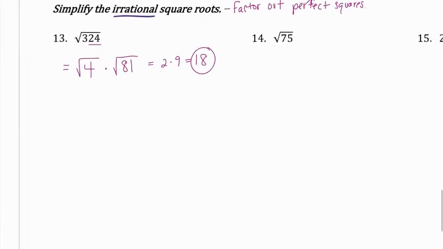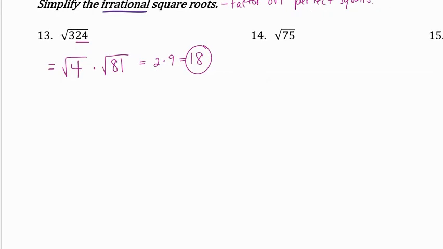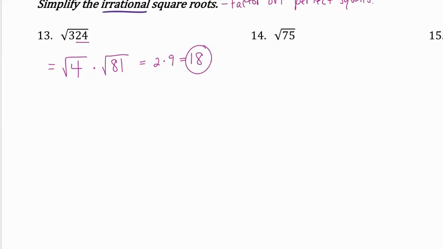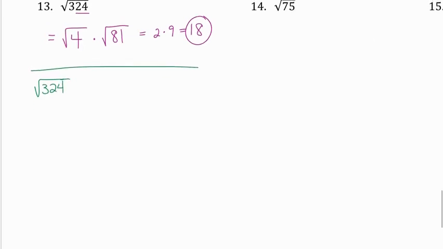Now, the other way people like to do these is not by thinking of perfect squares that divide in, but just coming up with the prime factorization of the number. So the other way you can do this, I'll switch colors here so you see it in another way, is I can start with my square root of 324, and I'm going to do a factor tree and come up with my prime factorization.